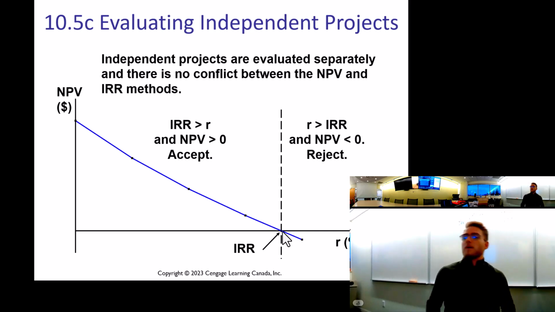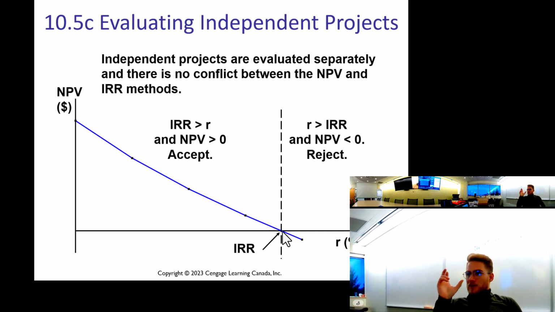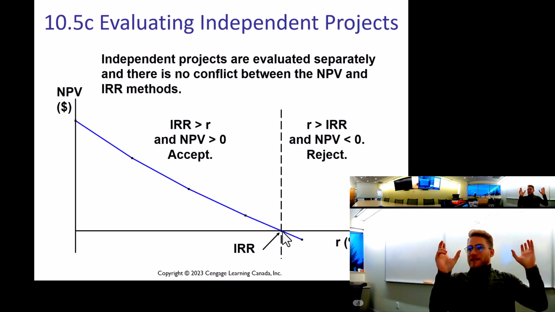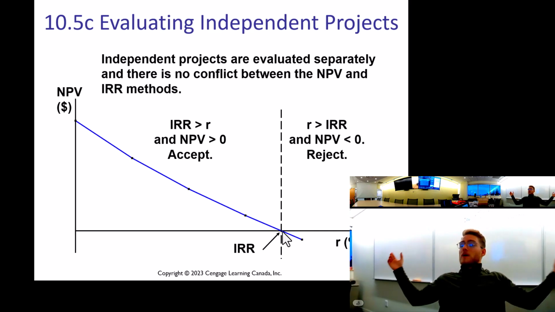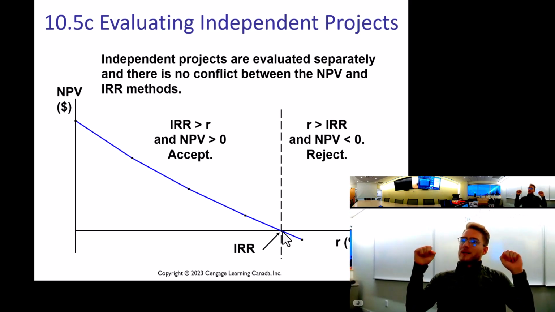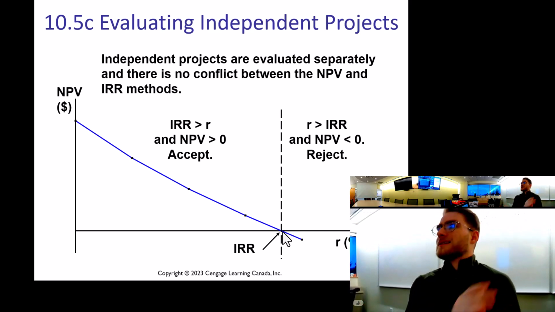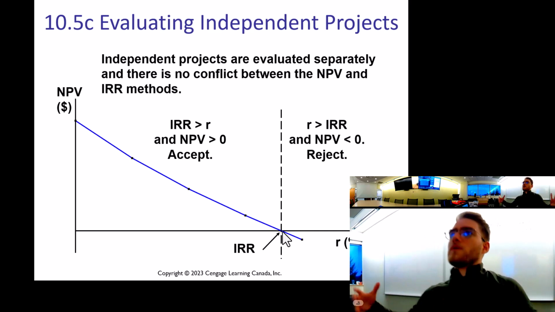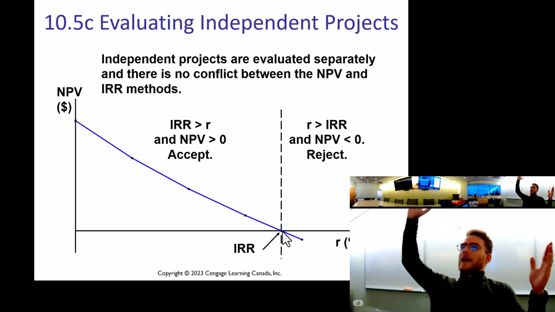So if I'm just simply evaluating individual projects, calculate your IRR. If you pick a hurdle rate that's higher than your IRR, your valuation is going to be negative. But if you pick a hurdle rate that's lower than your IRR, your valuation is going to be positive. Very simply, say you calculate the internal rate of return for all of your projects, ranging from 12% rate of return, 10, 8, 6.